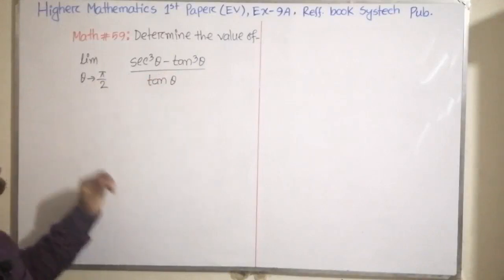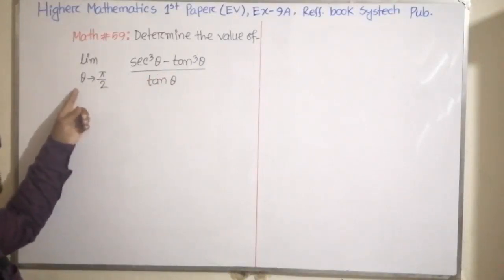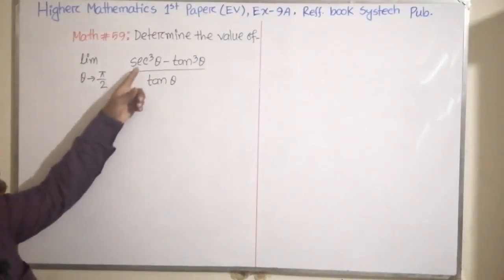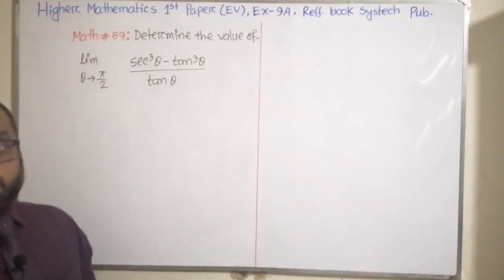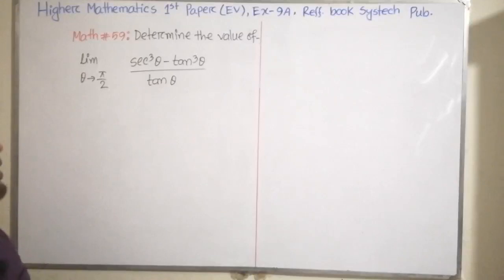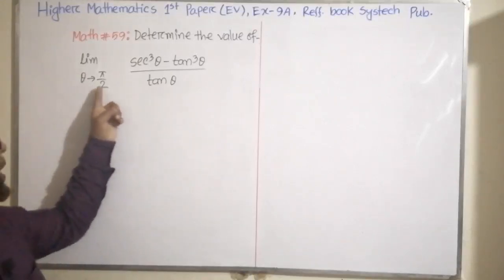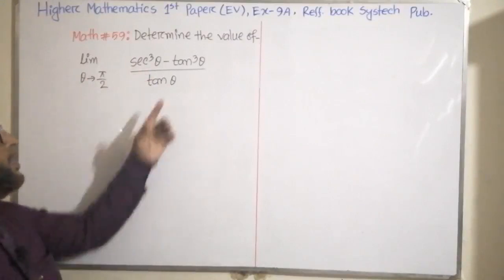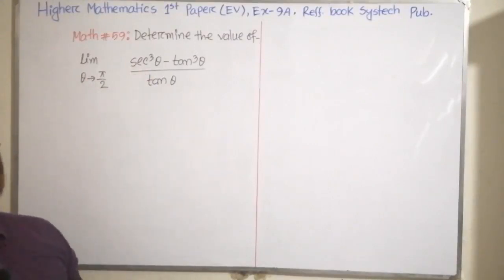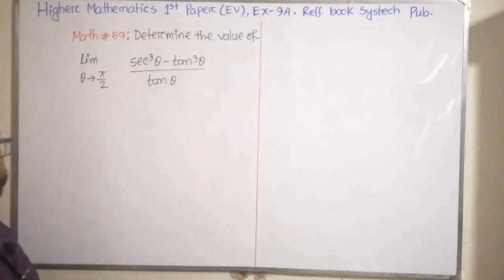Determine the value of limit theta tends to pi by 2, sec cube theta minus tan cube theta divided by tan theta. Okay, if we put theta equal to pi by 2 in this expression, we get 0 by 0, that means undefined value. To get a real value of this function, we have to simplify this function.